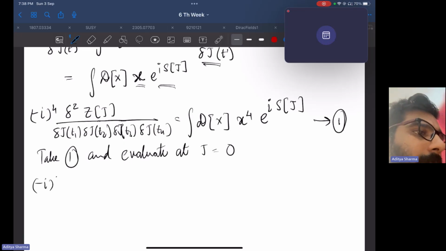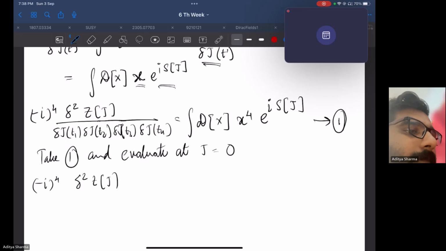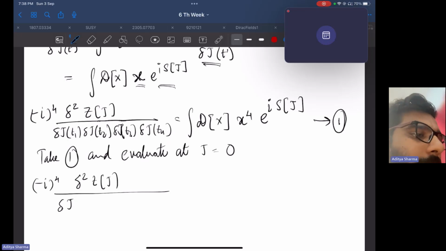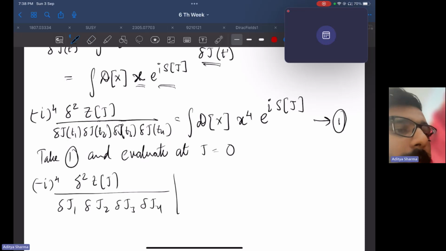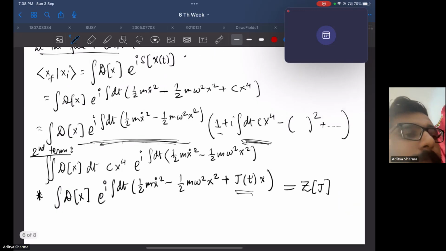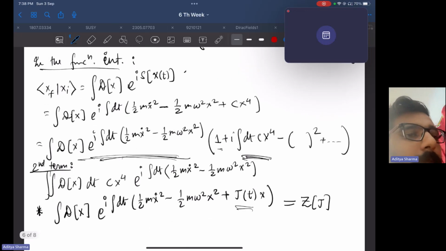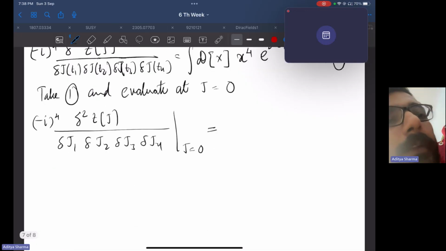So minus i to the power 4, the derivative, j1, j2, j3, j4, evaluated at j equal to 0 will give me the second term.